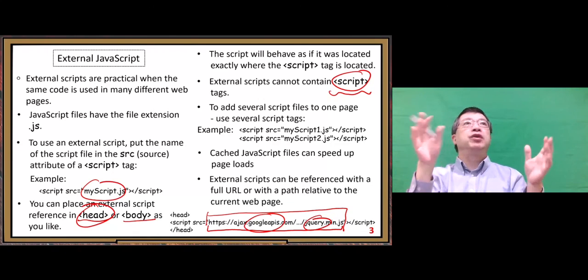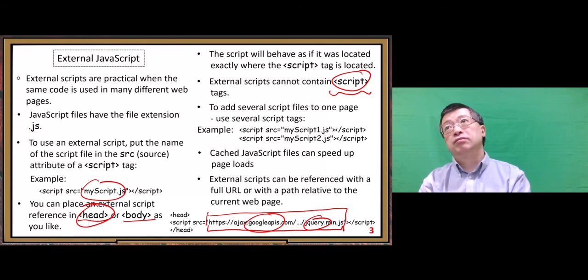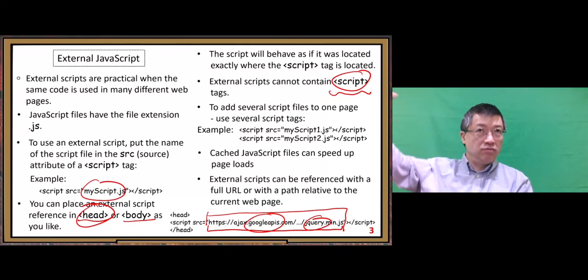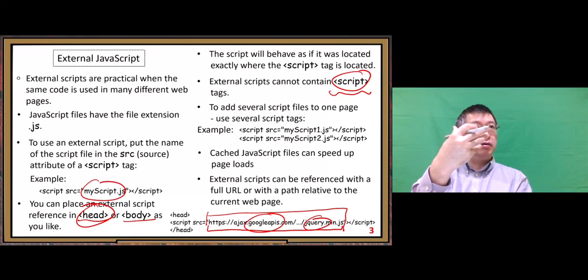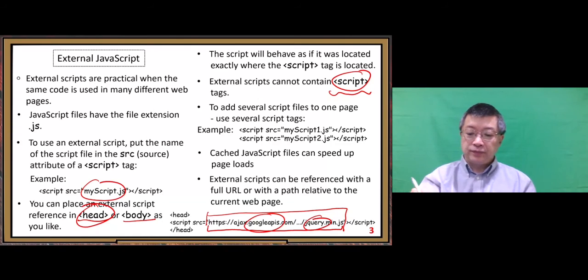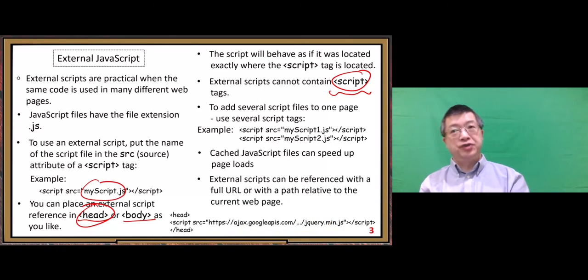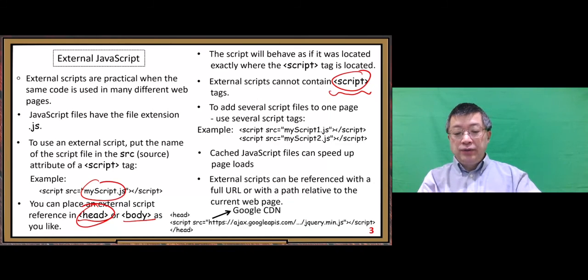Then you can save it to your local file. Then you do not need to use this URL every time to load it. You just use it from your local directory. And this is a commonly used way. People call it Google CDN, the CDN way.